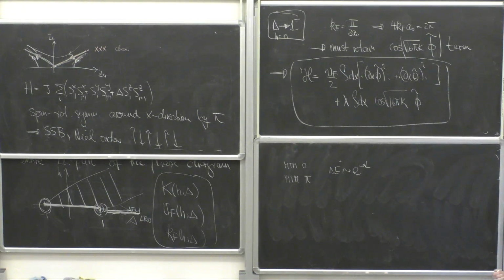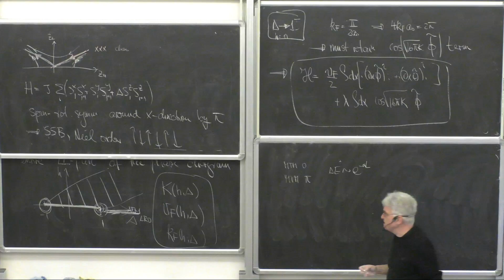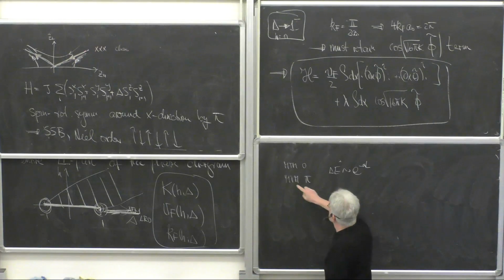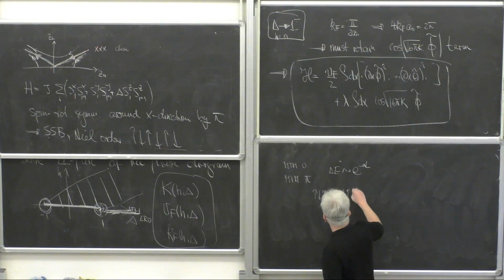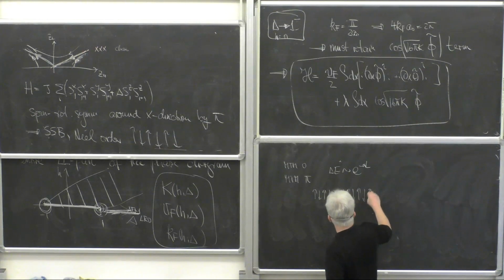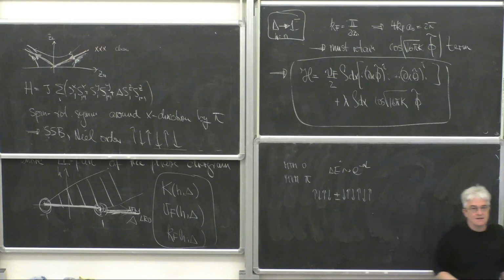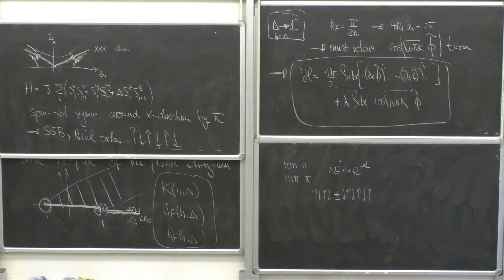The way to think about these in terms of simple pictures: one you can think of as up, down, up, down, up, down, and the other one the opposite, and they're almost degenerate but not quite. So that's what happens on a ring with periodic boundary conditions.